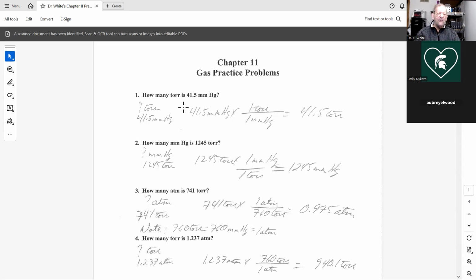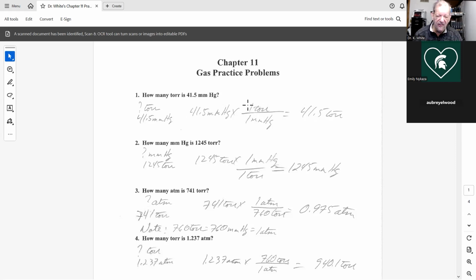Now, let's look at number 1. How many torr is 41.5 millimeters of mercury? We're trying to find torr. We're given millimeters of mercury. Here's what I start with, here's what I'm trying to get to. Use your good friend, unit analysis.